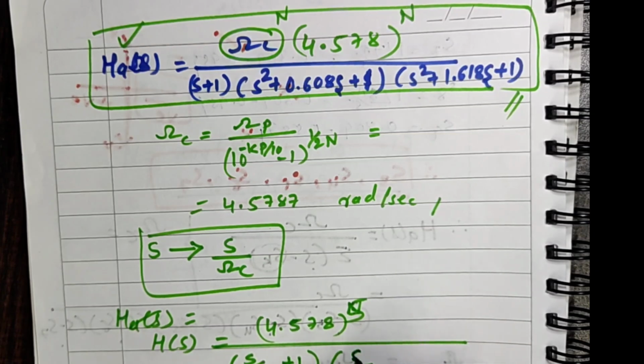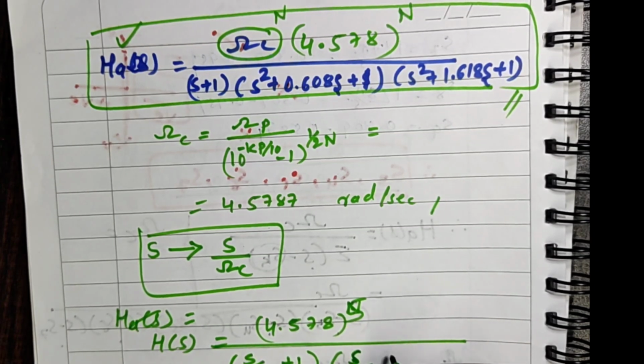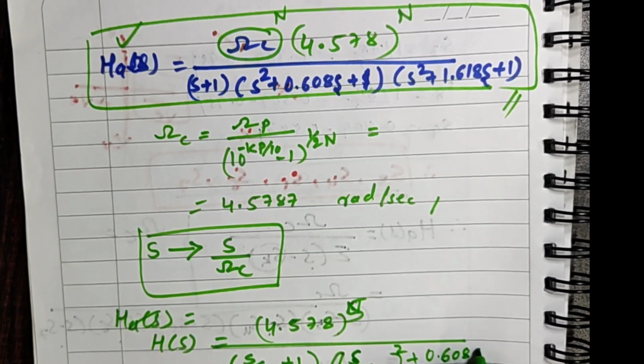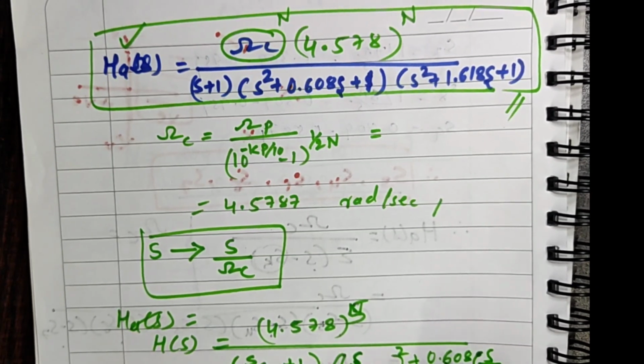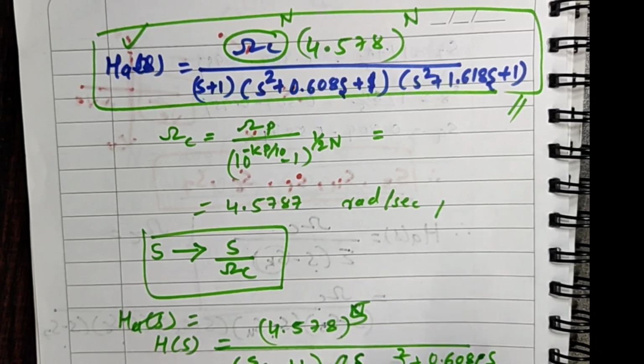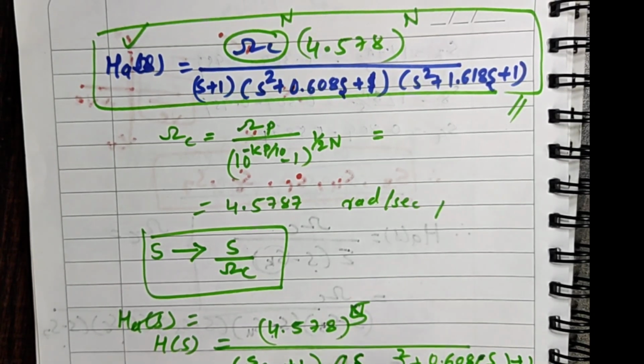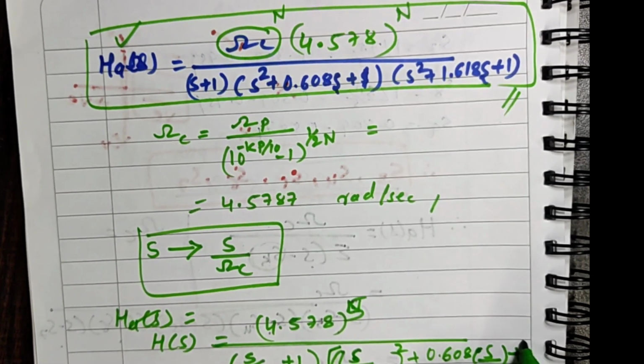We get 4.578 S divided by 4.578 square plus 0.608 into S divided by 4.578 plus 1. This is one factor.